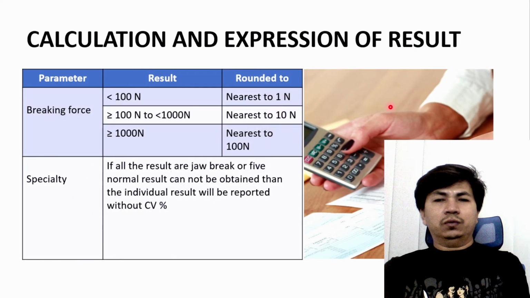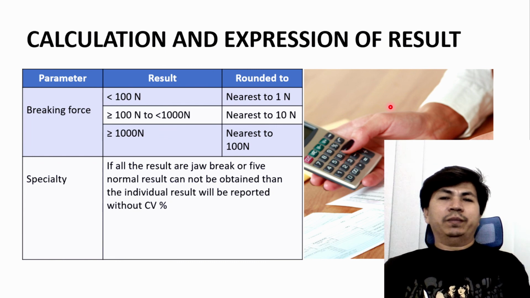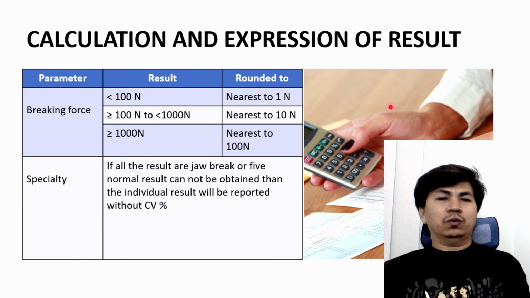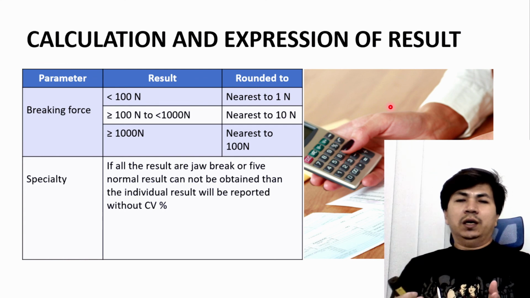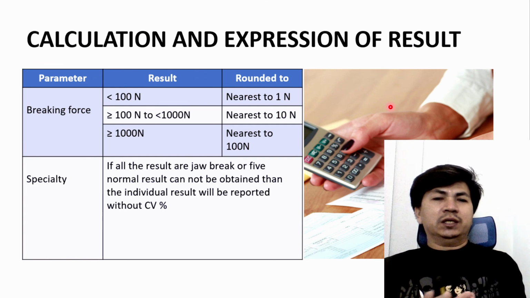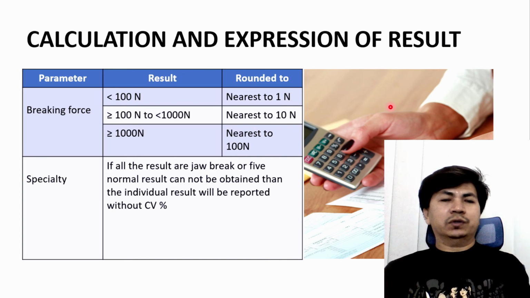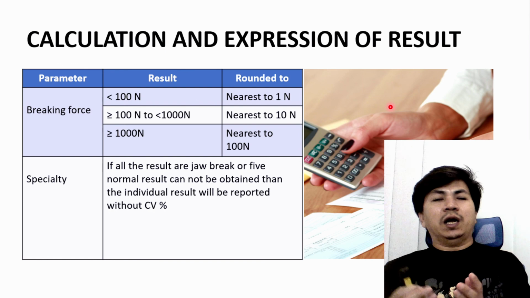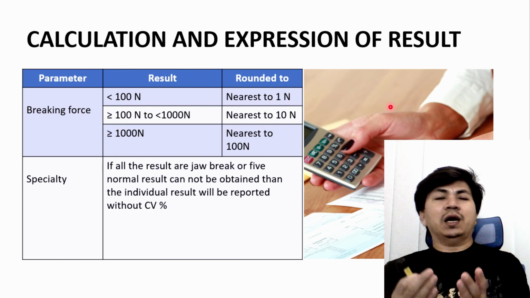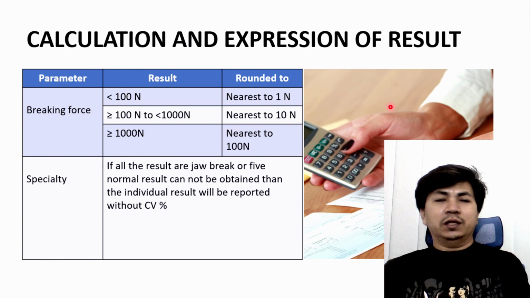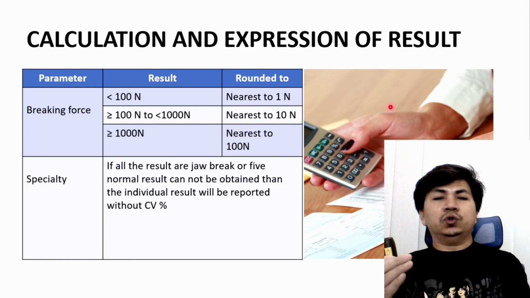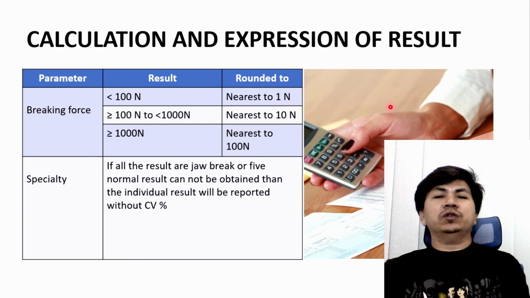Now we see the expression of the result. There are some expression rules here. First the breaking force. If the breaking force is less than 100 Newton, then we should round it to the nearest 1 Newton.